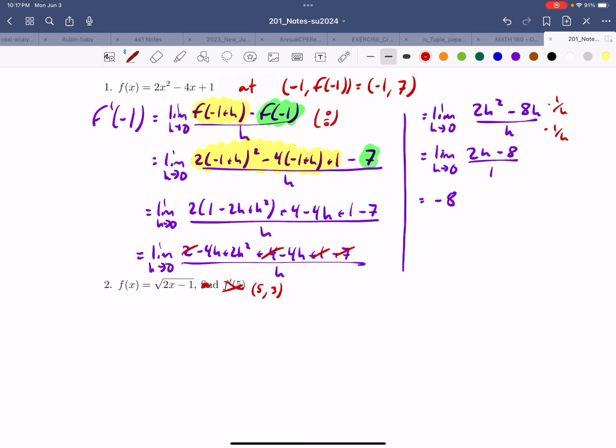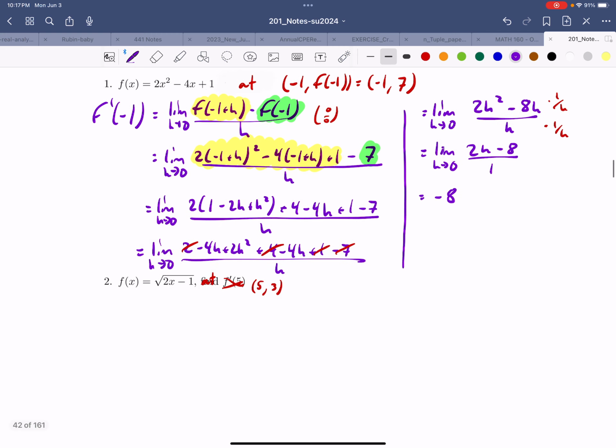Now, note that the 3 doesn't really matter, although calculating it now saves us a little bit of work when we find the derivative, right? But anyway, f prime of 5 equals the limit as h approaches 0 of f of 5 plus h minus f of 5 all over h.